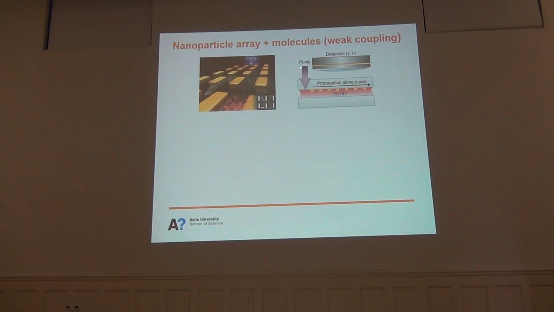We pump the molecules, we excite the molecules at one end of the array using a pulsed femtosecond laser, because this will allow us to excite the molecules but not bleach them. While we pump the molecules from one end of the array, bringing the photons into the close vicinity of the lattice, being able to excite the lattice modes, we detect what happens on the other part of the array.